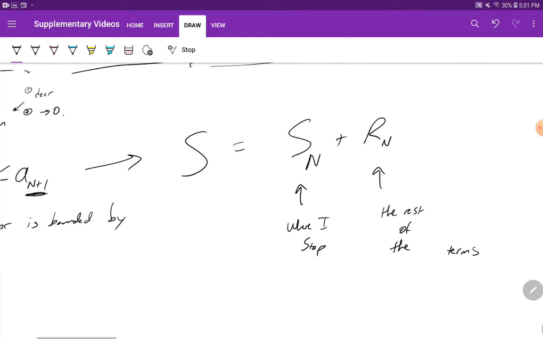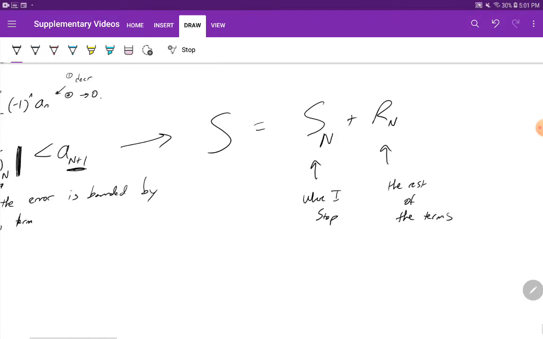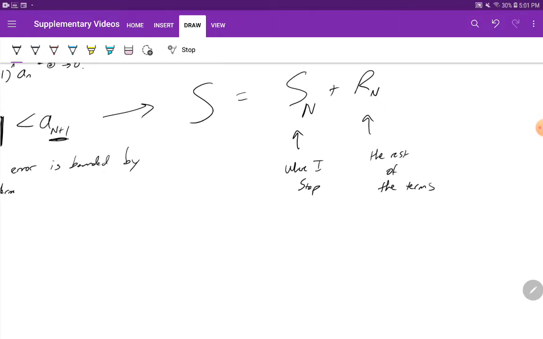For example, we know the alternating harmonic series converges. So as an example, if I have the sum of (-1)^n times 1 over n, from 1 to infinity, and I stop at, let's say, n equals 3.